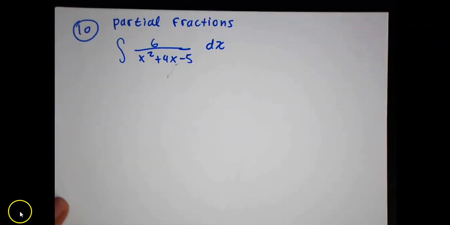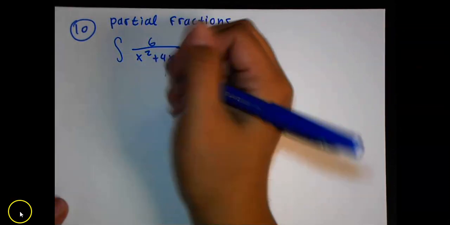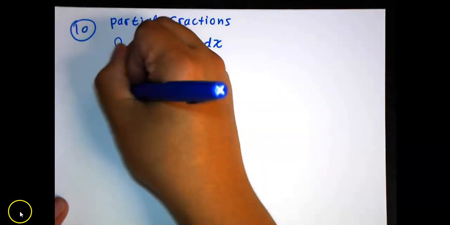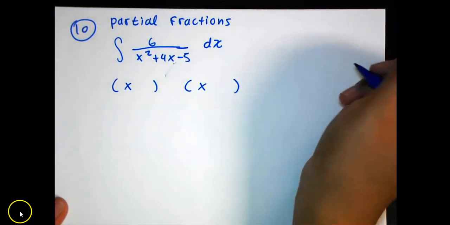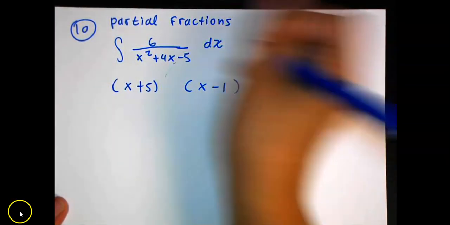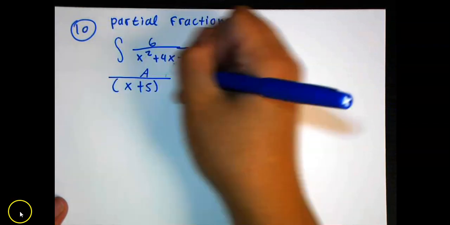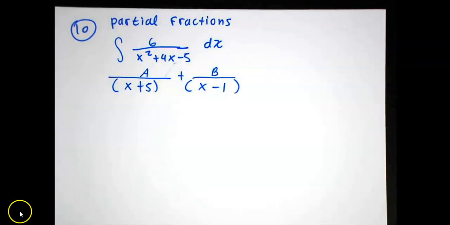Okay, so we have partial fractions again. So let's factor my denominator again. So 1 multiplies negative 5, that when you add it, you get positive 4. So it's going to be positive 5 and negative 1. They're both linear, so I'm going to put a and b on the top.